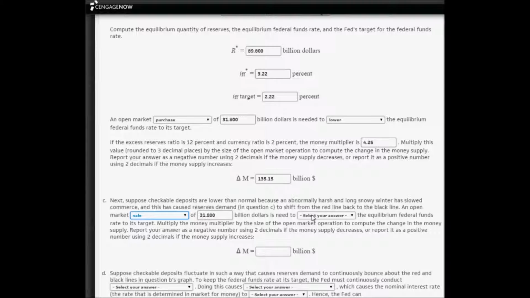And that is needed to raise the federal funds rate from below 1% back up to the target of 2.2%. And that will reduce the money supply by a negative 135.15 because this is a sale. So this is a negative change in reserves.